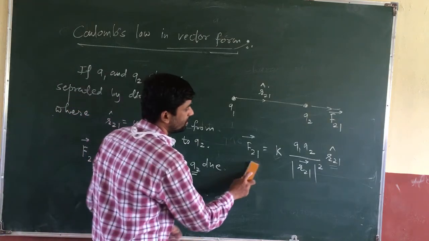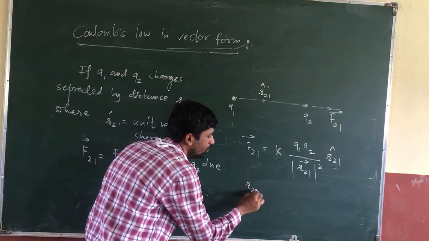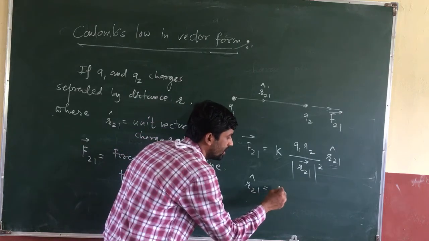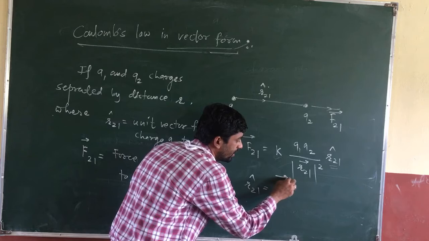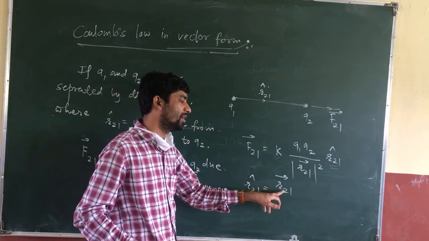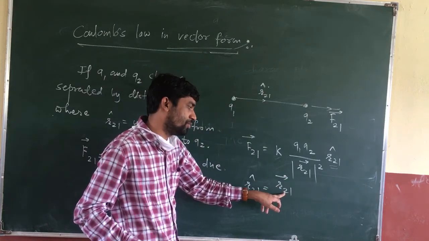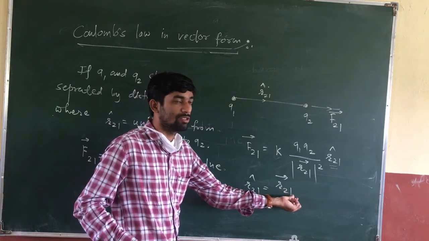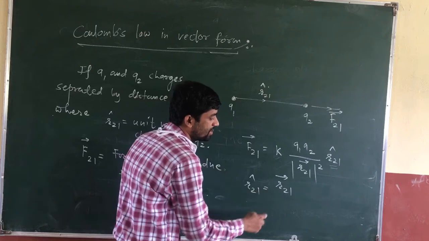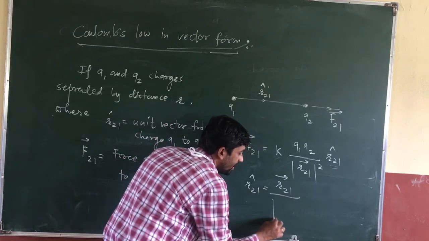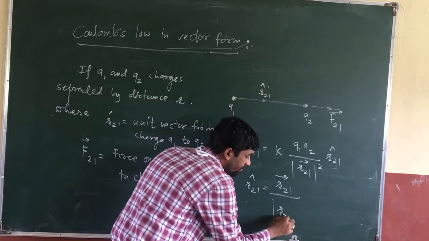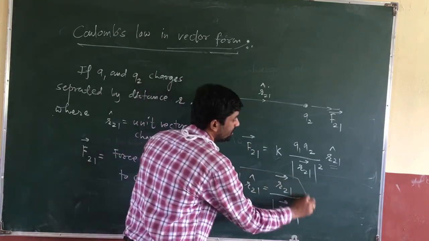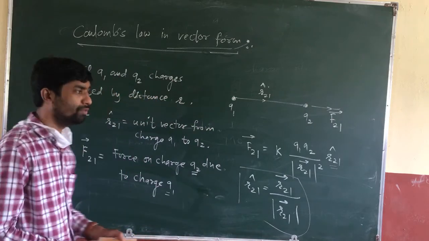This R21 cap, the unit vector, can be written in terms of R21 vector, the position vector of charge q2 with respect to charge 1. So it can be written as R21 vector divided by the magnitude of R21 vector. This is the equation for the unit vector.